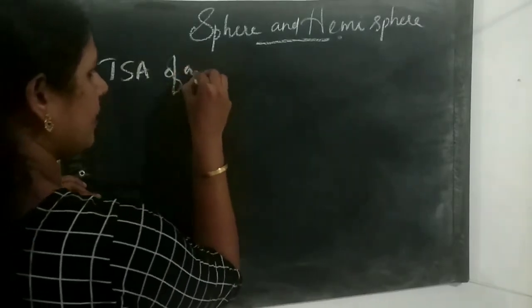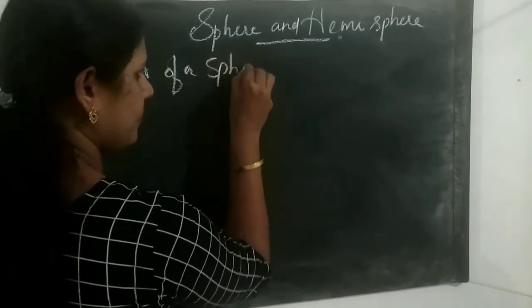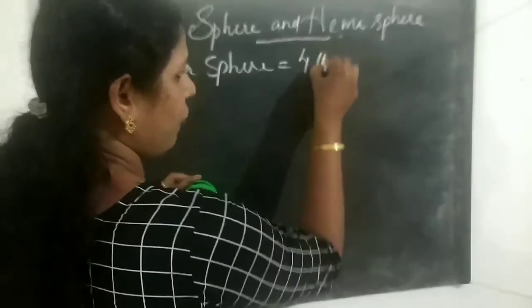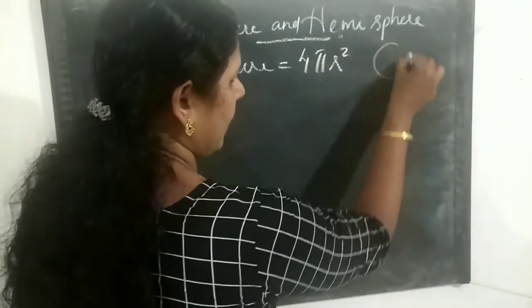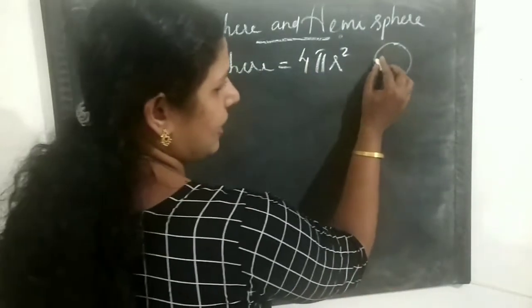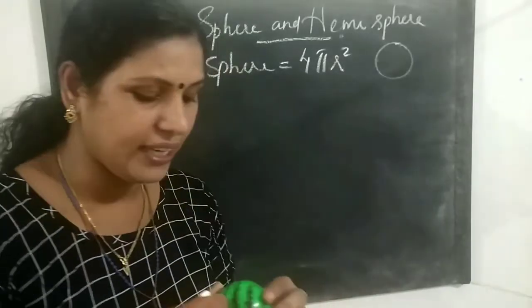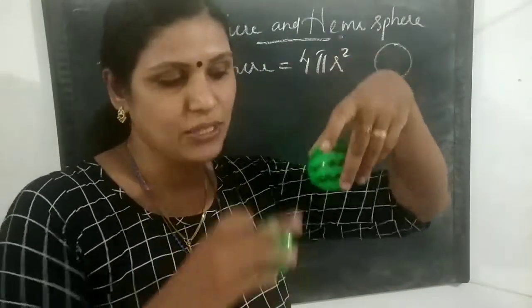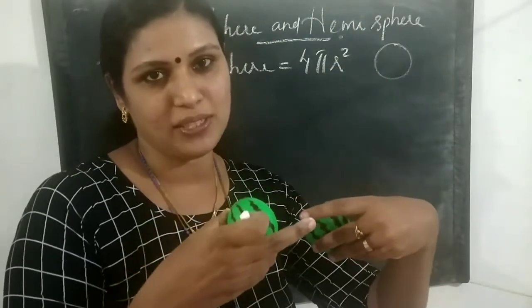TSA of a sphere is equal to 4 pi r square. When the sphere is cut equally, we get a hemisphere, a half. Each half is 2 pi r square.